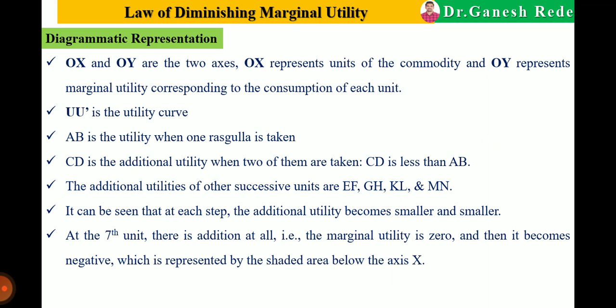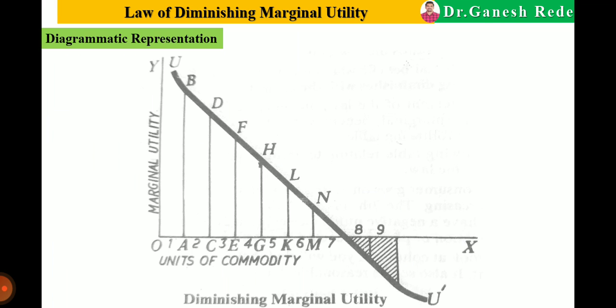If we observe line AB and line CD, line CD is smaller than line AB, because from the first rasgulla he got a utility of 15, and from the second rasgulla he got a utility of 13. That's why line CD is smaller than line AB.